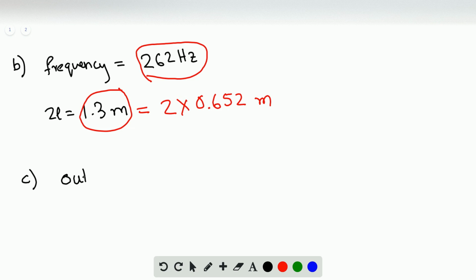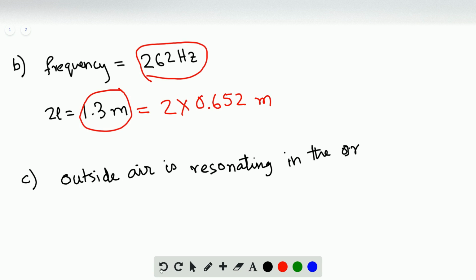So that's why the wavelength and frequency will be the same.